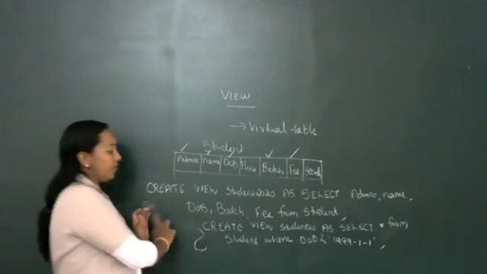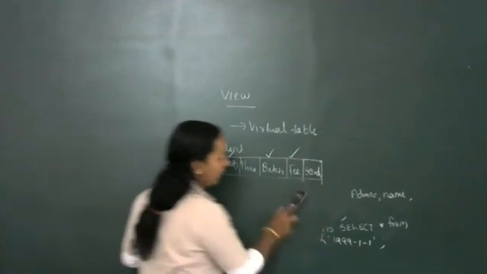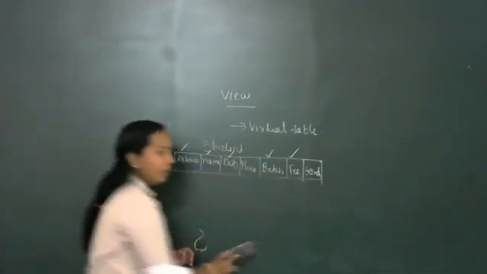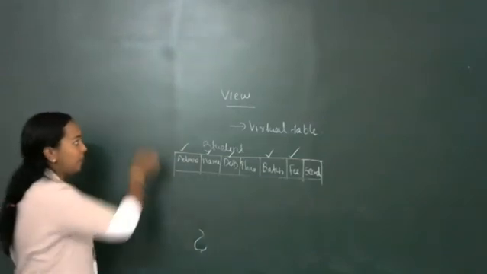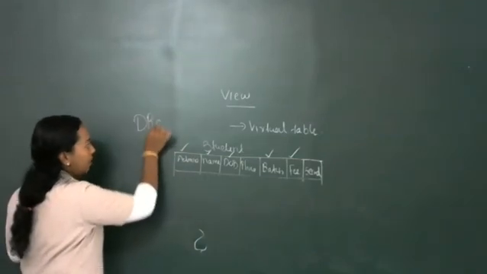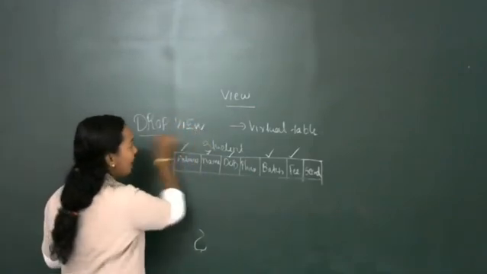Then suppose we created a view and we want to delete that view. Which command do we use for deleting a table from a relation? Drop table. Instead of that we can write the drop view command.